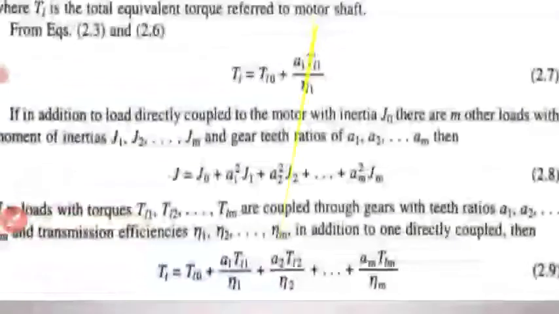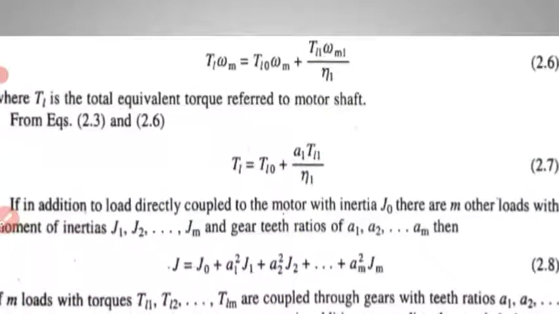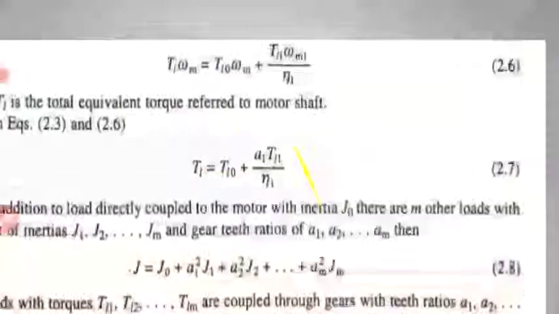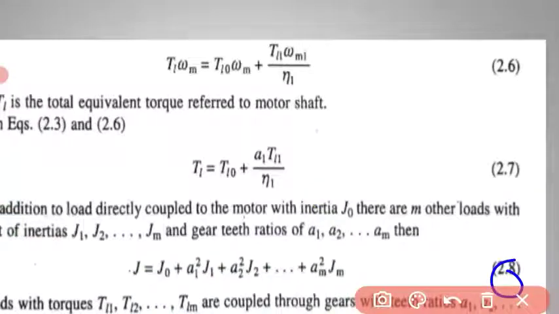Then we will obtain the power developed by the motor, as I discussed in the last video lecture, the product of speed and torque. So the torque TL and omega m is nothing but TL naught omega m, directly coupled to the motor, the power developed by the motor, plus TL1 omega m1.